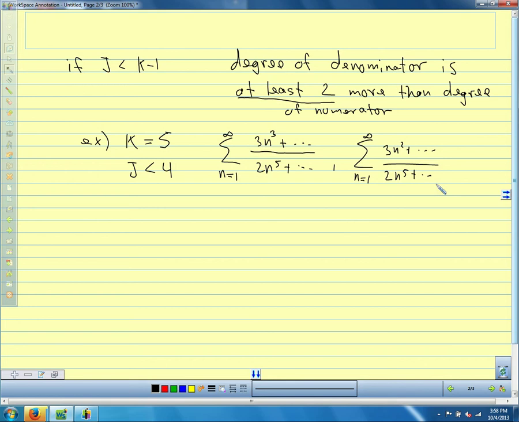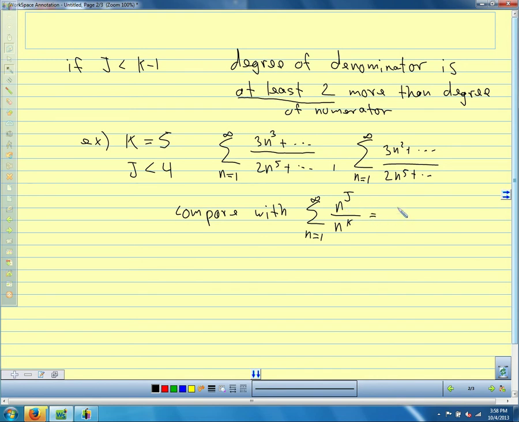Well, in this case, I'm motivated by what we did last time. I'm going to compare with this series, the sum n equals 1 to infinity of n to the j over n to the k.